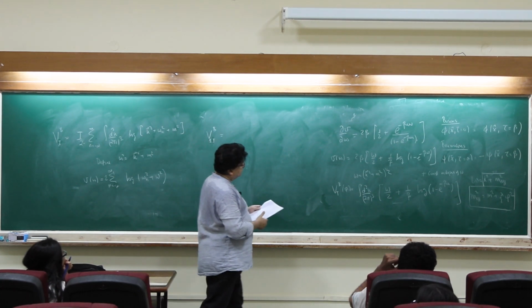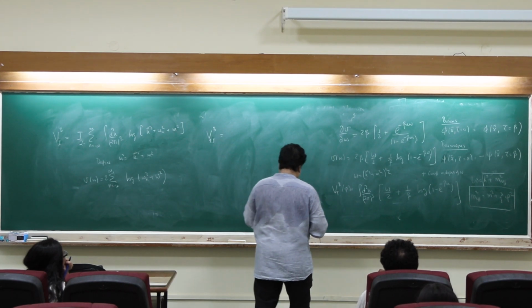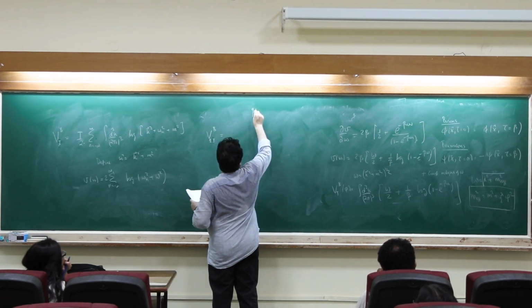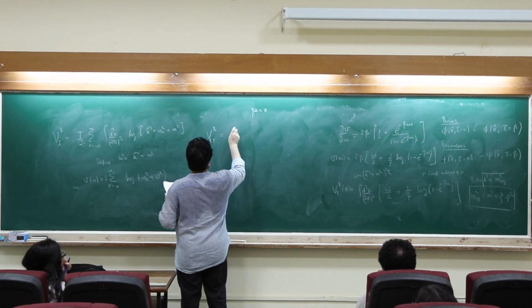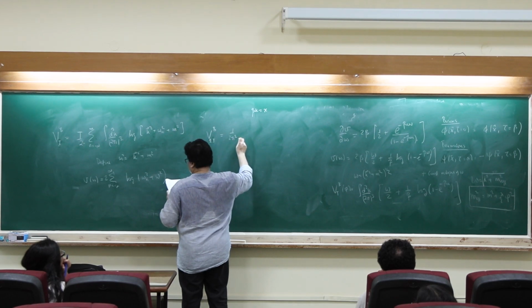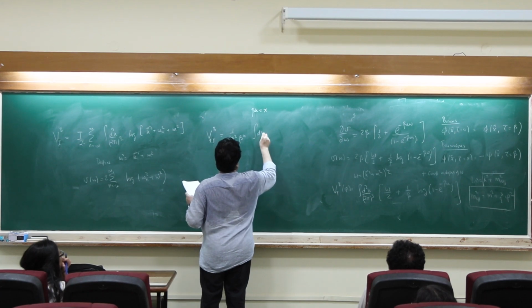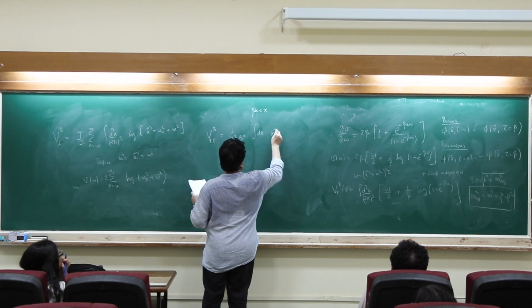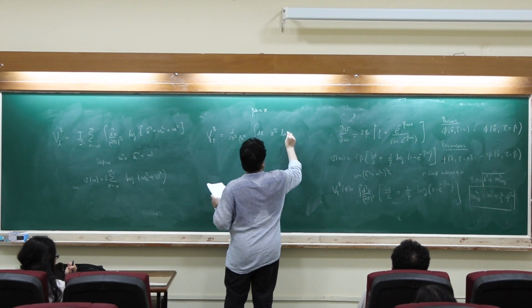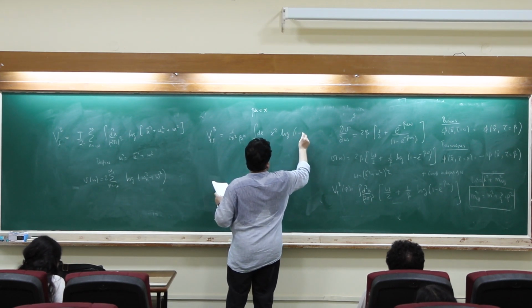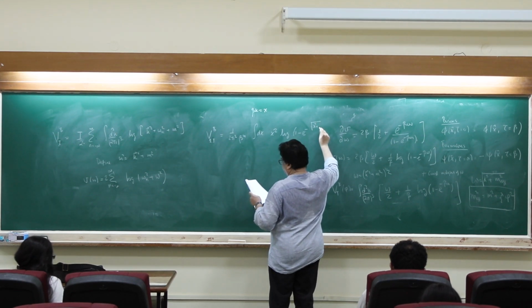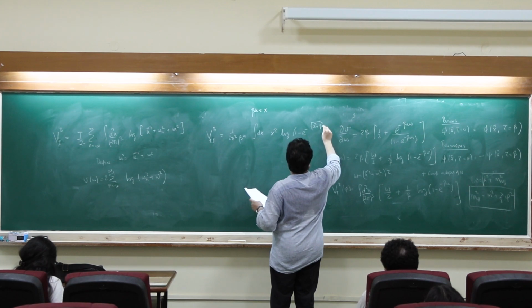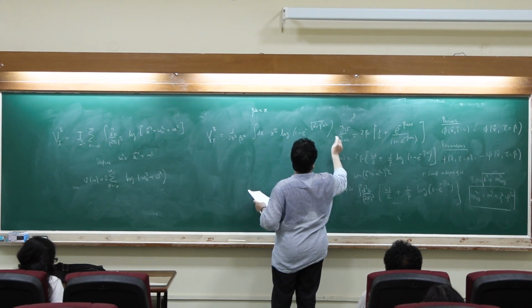You can redefine your variable beta k equal to x, and write this as 1 upon 2 pi square beta 4 ... beta square m square.